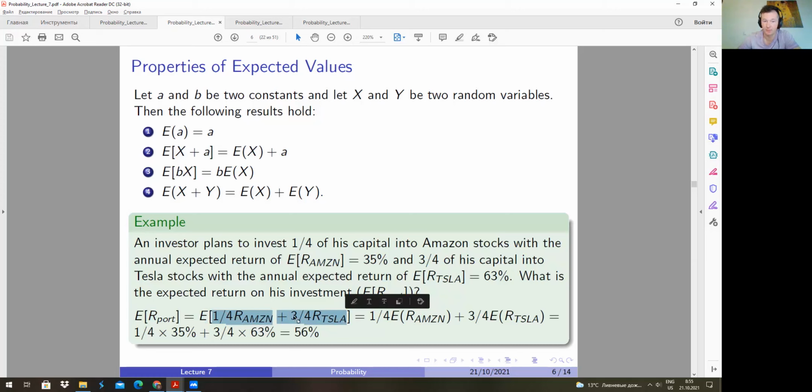Now, first step, I apply property number 4. I break this expectation of a sum into the sum of two expectations.